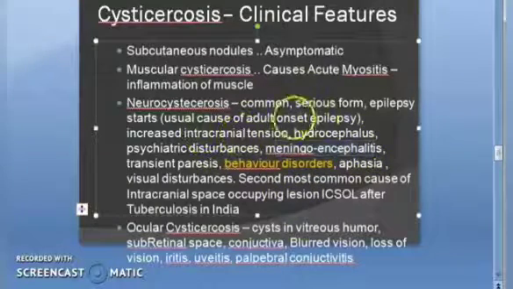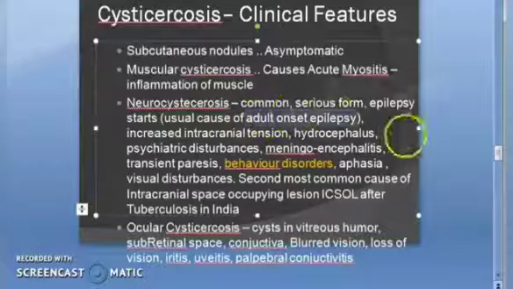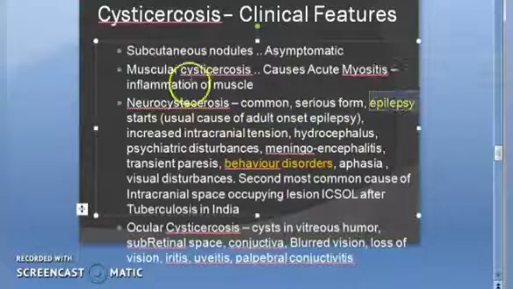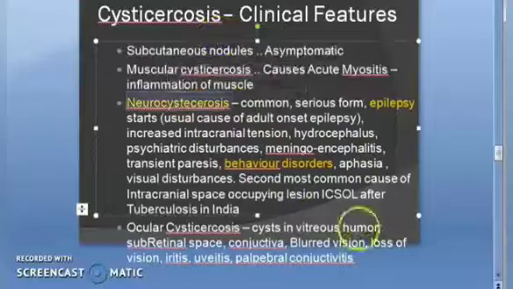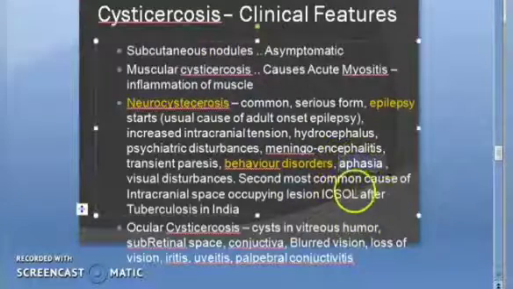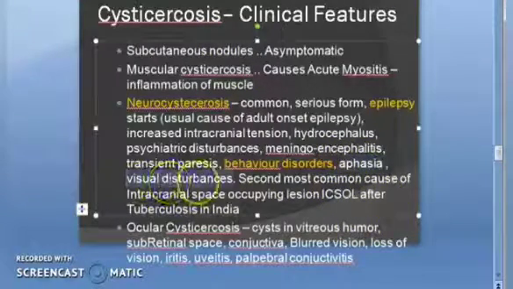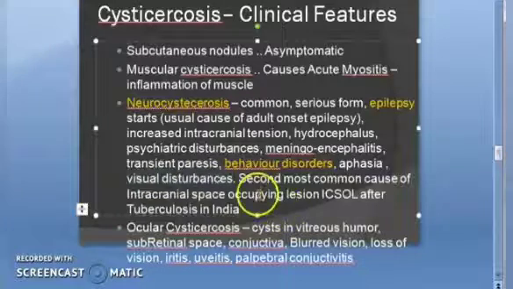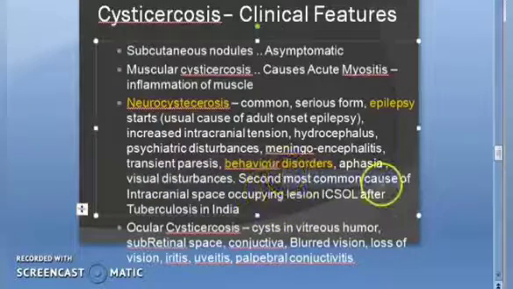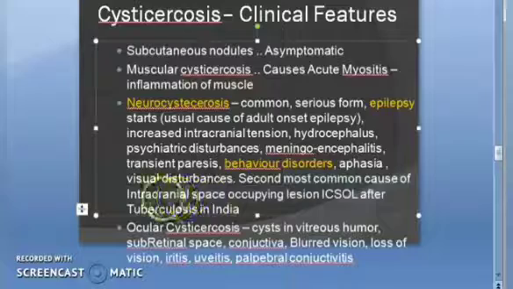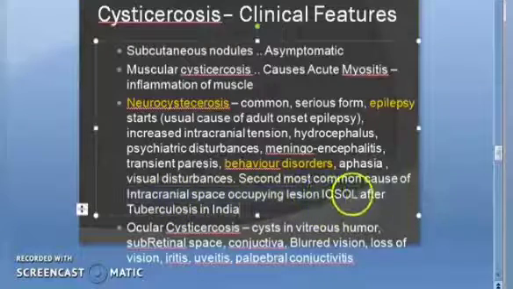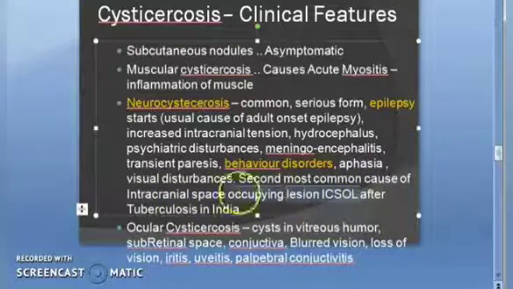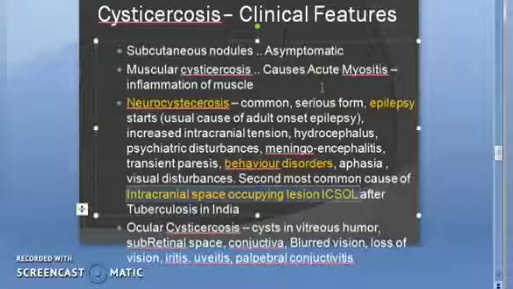So, what else? Epilepsy, then aphasia, meaning difficulty in speech. Visual disturbances. It is the second most common cause of intracranial space occupying lesion, that is ICSOL, after tuberculosis.